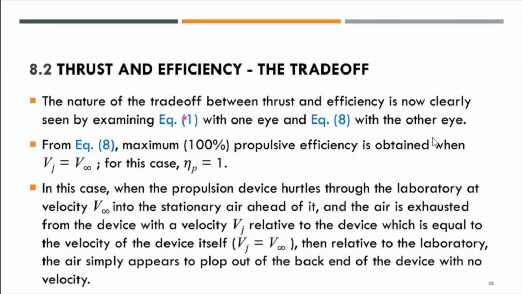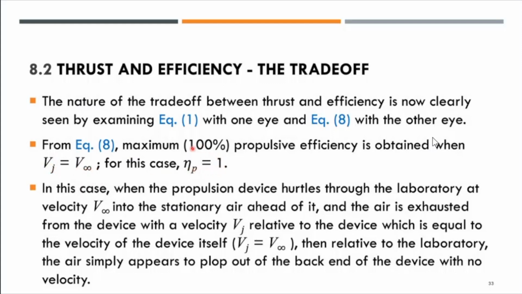The nature of the trade-off between thrust and efficiency can now be clearly seen by examining equation 1, the simplified thrust equation, together with equation 8, which is zeta P. From equation 8, the maximum 100% propulsive efficiency is obtained when the jet velocity equals the free stream velocity.